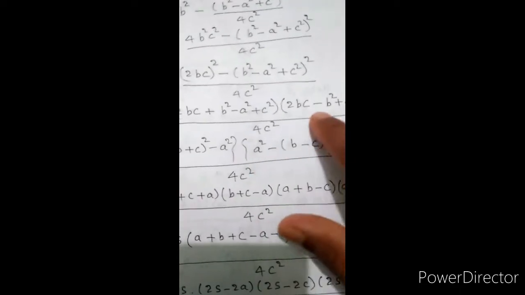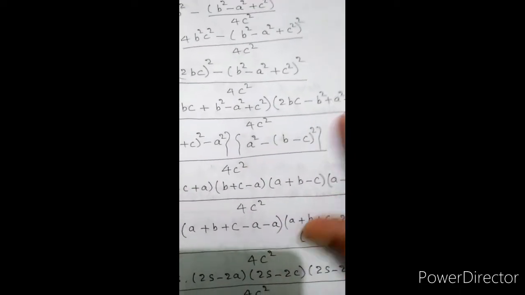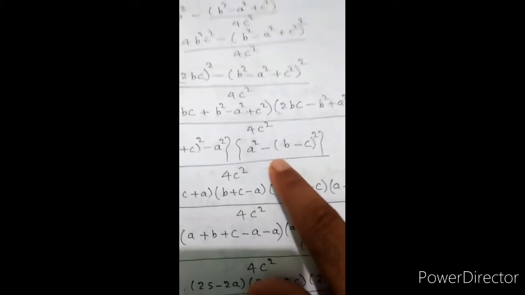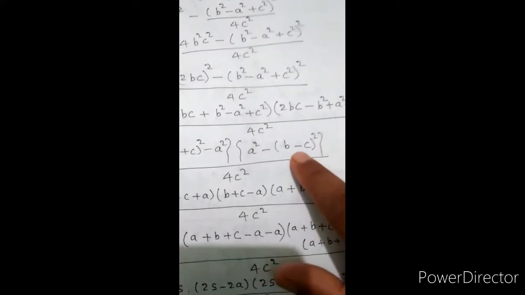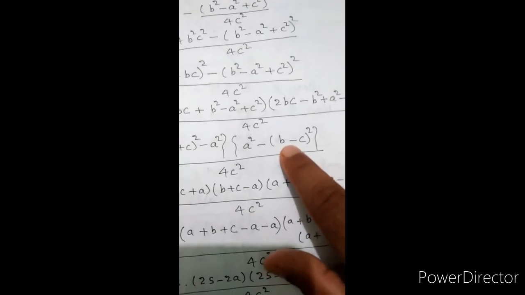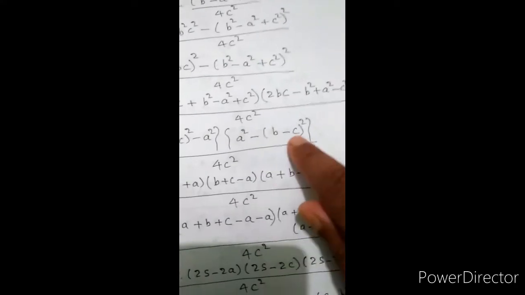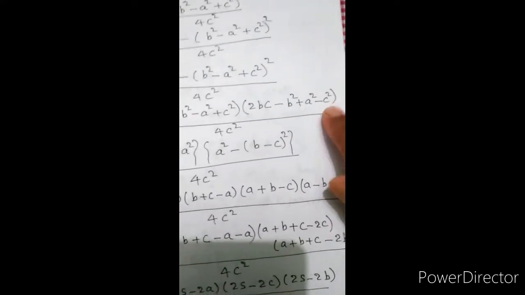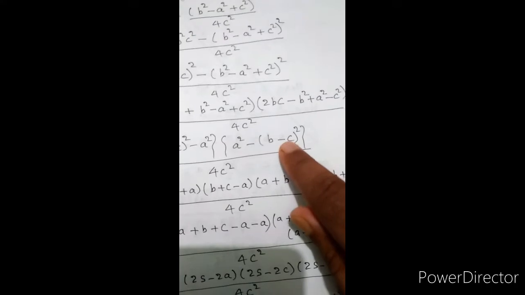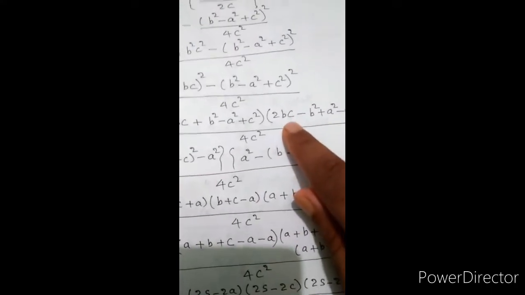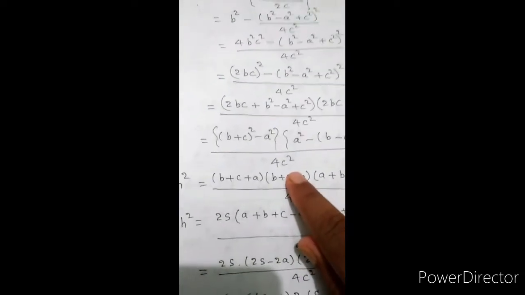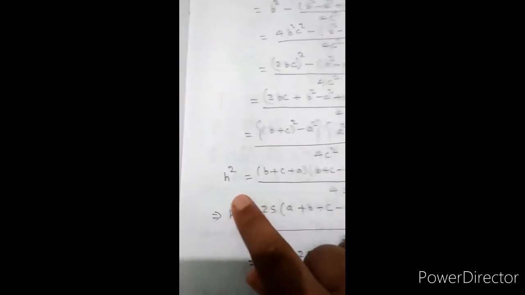This part will give us a square, keep it as a square, 2bc minus b square minus c square will give us minus (b minus c) whole square. Here is b square plus c square, minus plus minus, that is minus c square, and here minus 2bc gives us minus minus plus 2bc, so it is correct. Its solution will go like this: 4c square will remain as it is, and this one is h square.